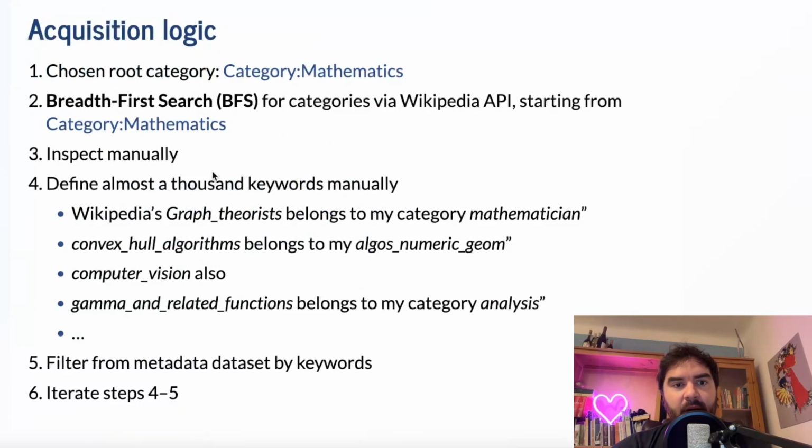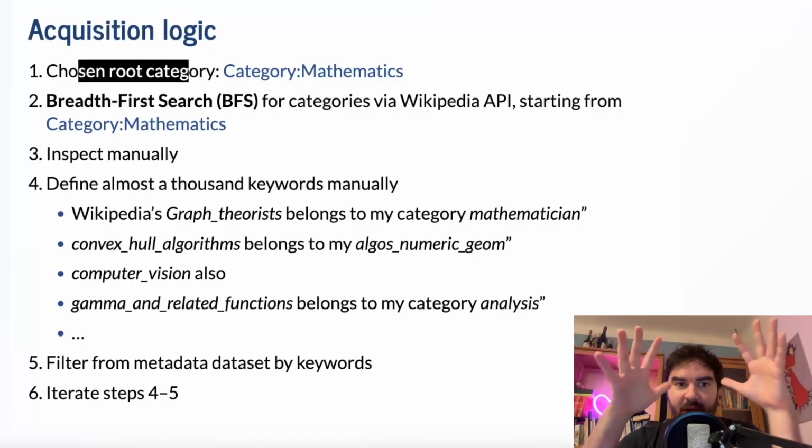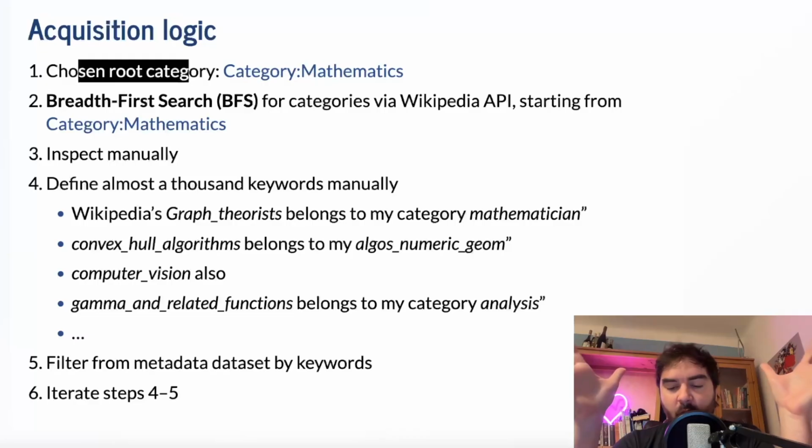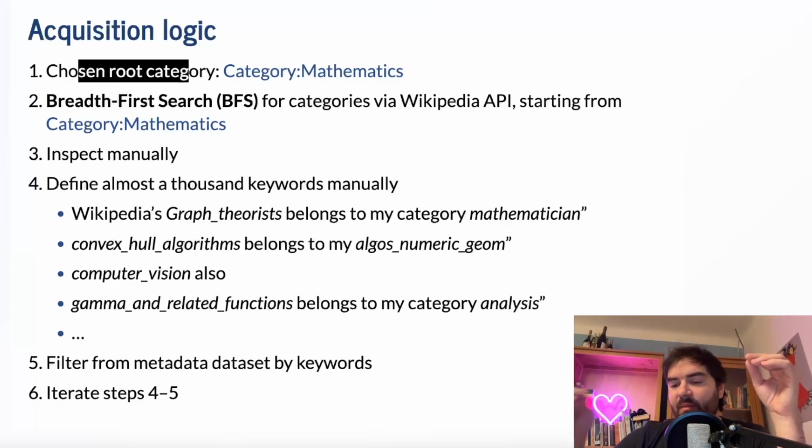Okay. So how did I go about getting the data? Well, I went to the math category that I just showed you, and then I used the API in an internet-friendly way to run it overnight, and look at which categories are related to this, and do a BFS walk roughly to depth 4, 5, 6, and see which categories are categories of this.